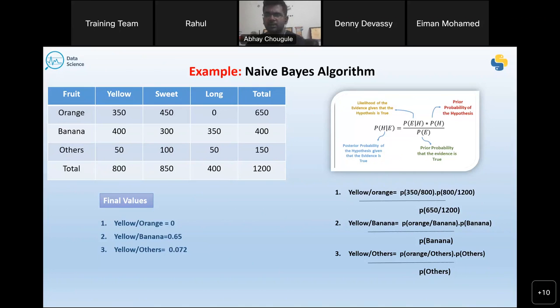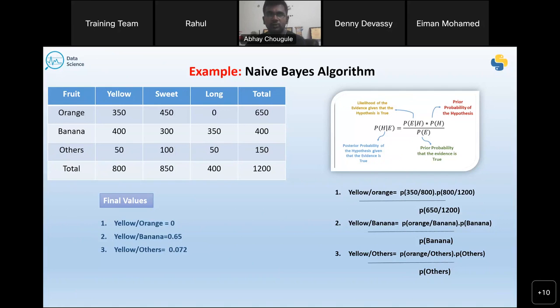Actually, the questions on the basis of naive Bayes, you will get into the Bayes theorem, because the objective of this formula is to get the highest probability value, right? You are going to find the unique category.